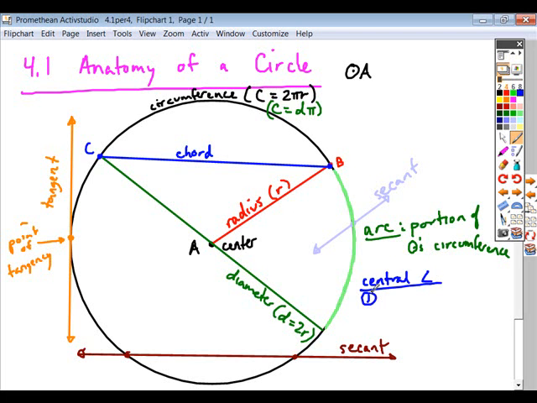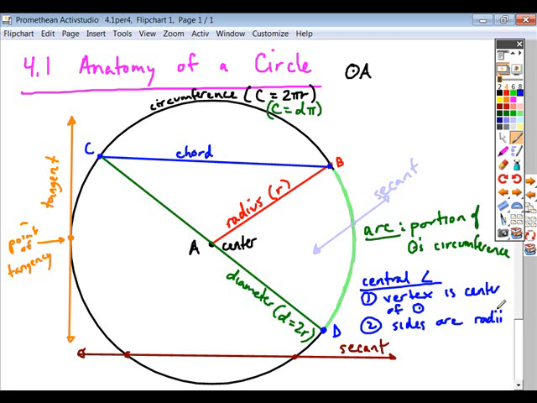Okay, a central angle is going to have a vertex that is the center of the circle. So point A would be the vertex. And then the second part to a central angle is that the sides of the central angle are radii. Radii is just the plural of radius.